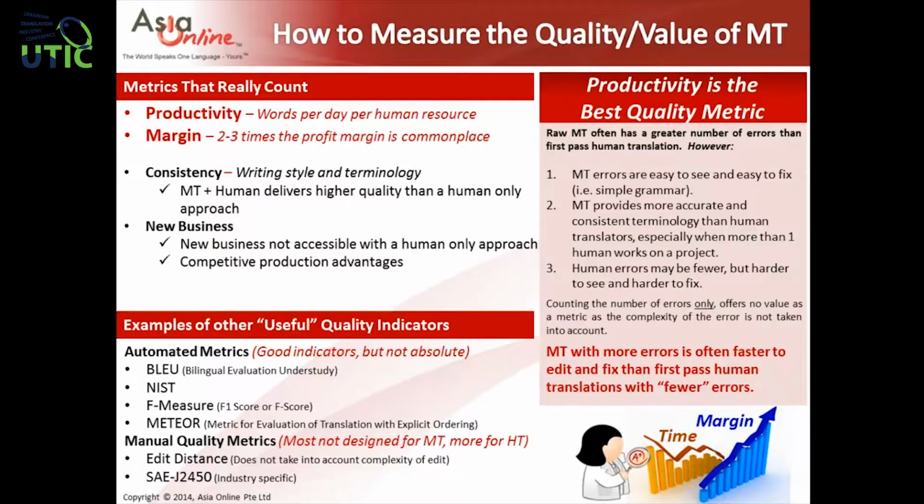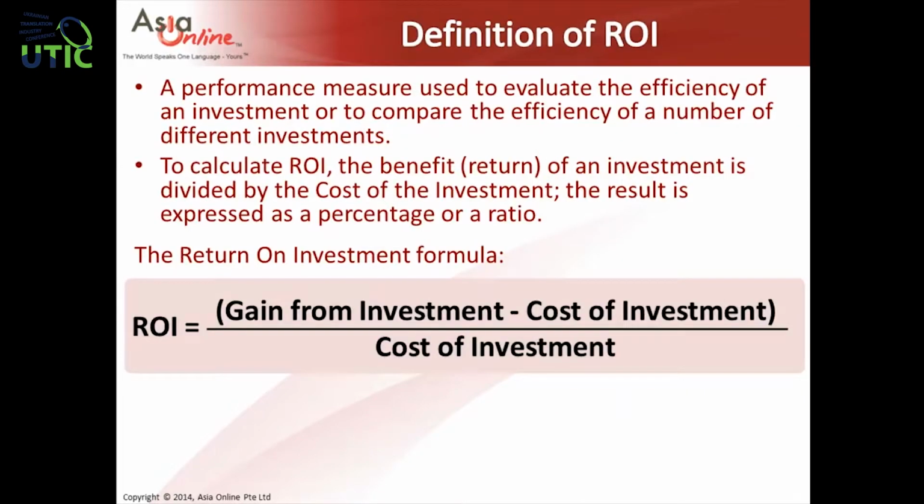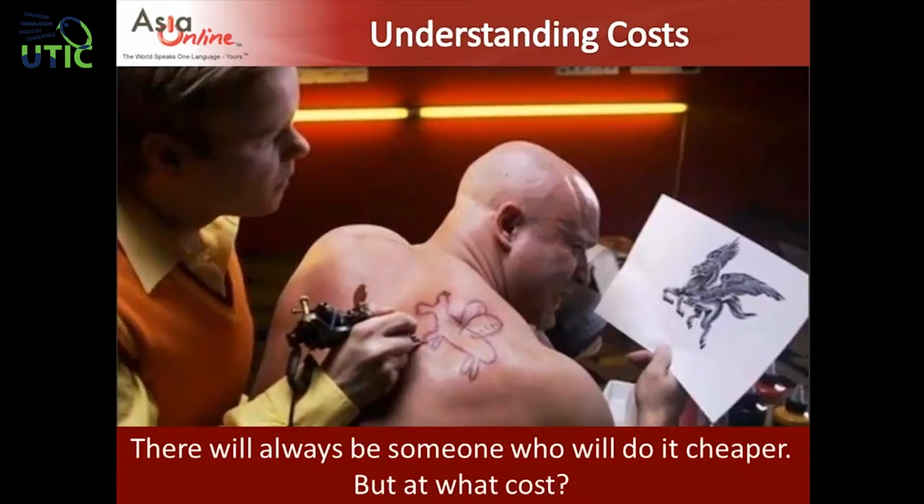Both of those need to be true for it to make sense. And so this brings us to the concept of return on investment. It's important to understand that the money you spend in building an MT system and the money you save from building the MT system are the key determinants of whether it makes sense or not.